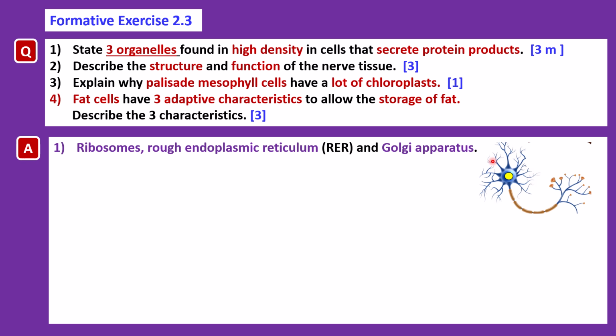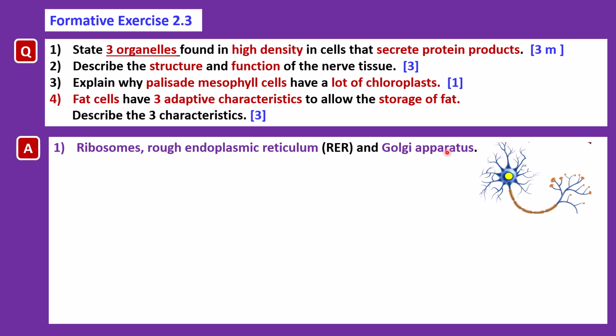So you have to know the functions of each one of these organelles in relation to production of protein products. Firstly, ribosomes synthesize the proteins. Next, the rough endoplasmic reticulum transports the proteins and also packages them in transport vesicles, which then move to the Golgi apparatus.